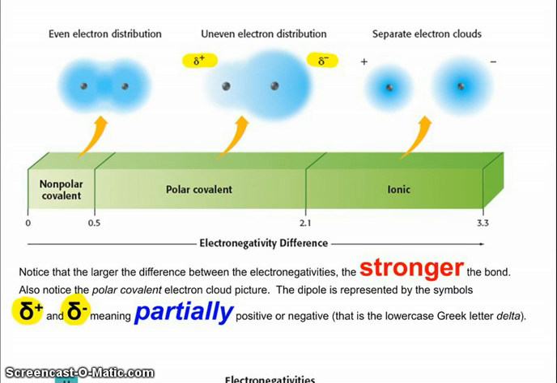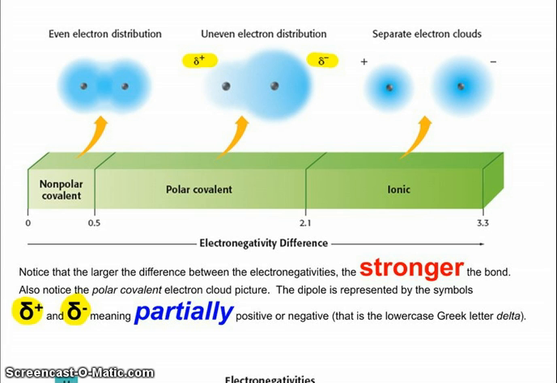The ionic bond is much stronger than a nonpolar covalent and polar covalent bond. And then again, these little squigglies, those are the lowercase letter delta in the Greek alphabet, and stands for partially. So in our polar covalent bond, we have a partially positive and partially negative side.